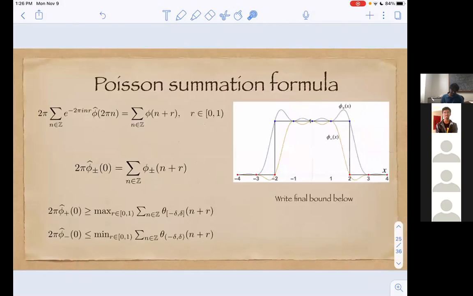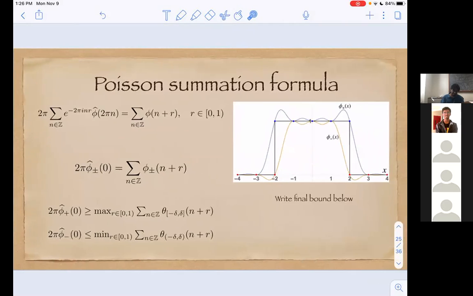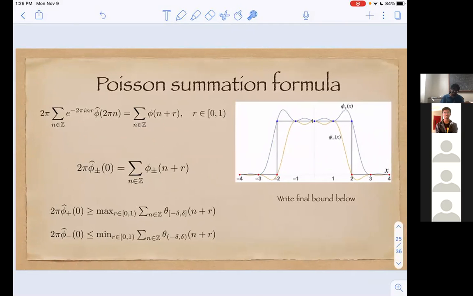In the math problem, to put a bound on this, we start with the Poisson summation formula, which relates phi and its Fourier transform, in this form. Now the crucial point is, on both sides, to begin with, the sum runs over all the integers. But we know that in the Fourier domain, phi hat has support only within twice pi. So this whole sum boils down to this single term here.